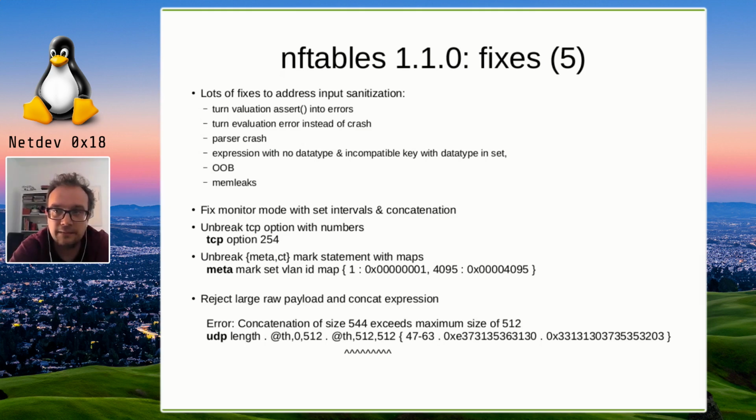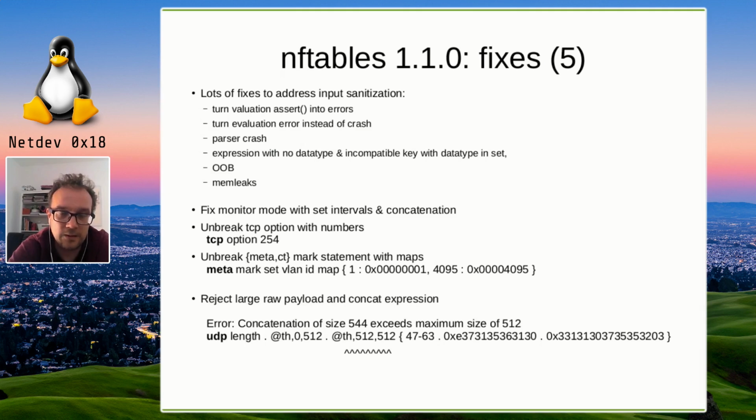What we have is an error for a concatenation that is quite long. It is taking 445 bytes, which is exceeding the maximum, which is using the UDP length field.